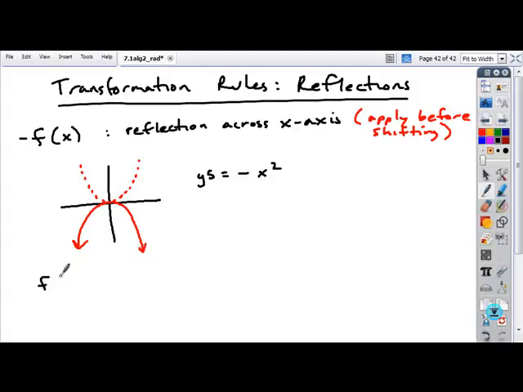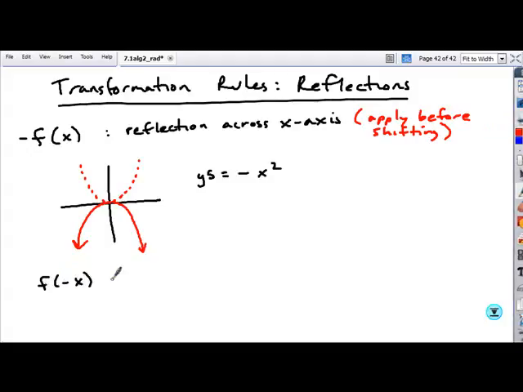Okay, whereas if my negative occurs inside my function, so notice the way I write it, f of minus x, the negative is inside. Now my reflection is going to be across, what do you guess? Yeah, the y-axis.